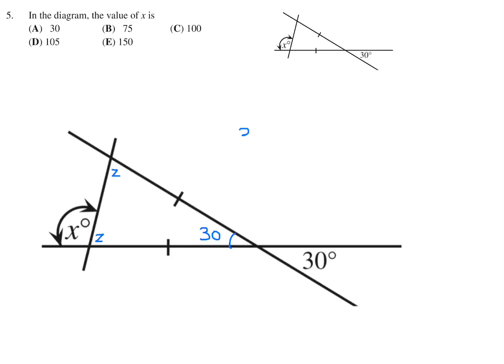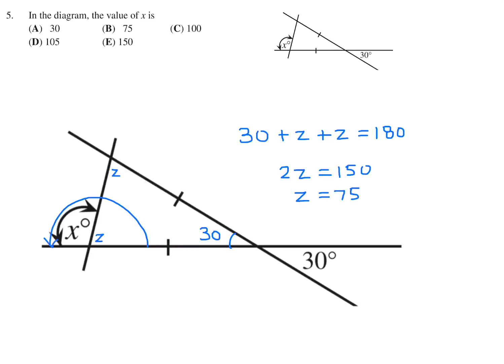So that means basically that 30 plus 2z is equal to 180, since the sum of the angles in a triangle are 180. So 2z is equal to 150, and therefore z is 75. Now, we want to figure out x, correct? Well, the angles about a line are all equal to 180.